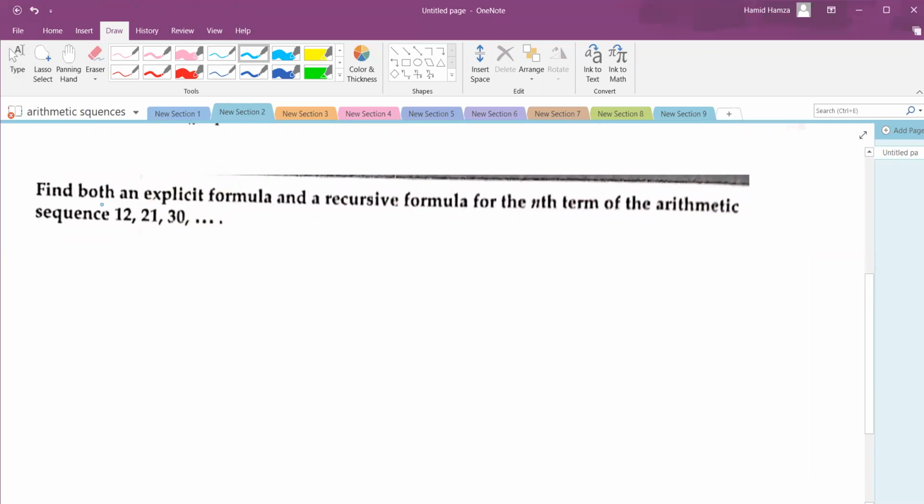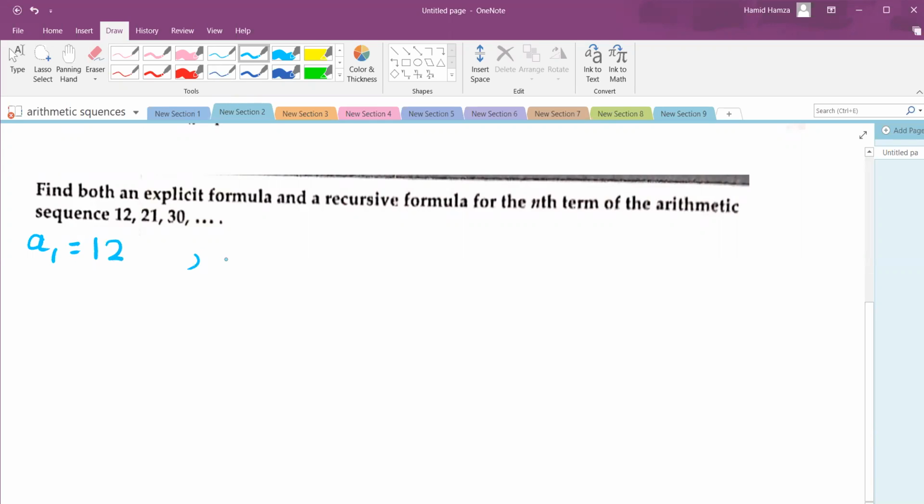Find both the explicit formula and recursive formula for the nth term of the arithmetic sequence. The very important point for any arithmetic sequence is 2 numbers. The first one is a1, the first term. So a1 is 12.